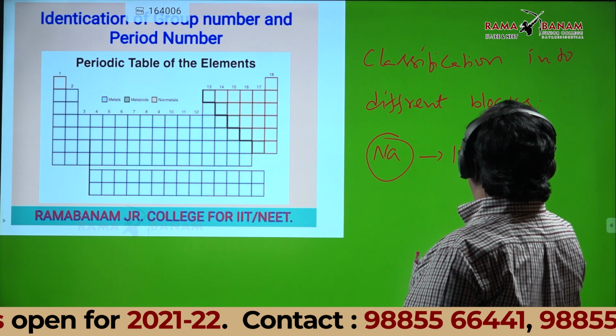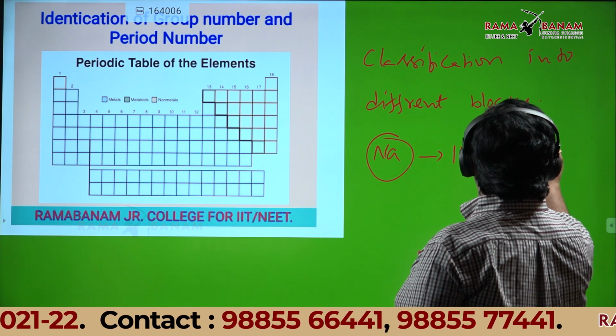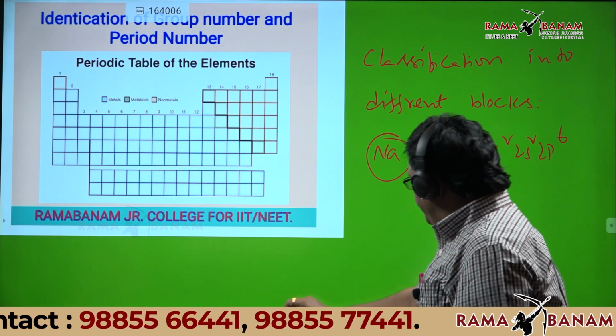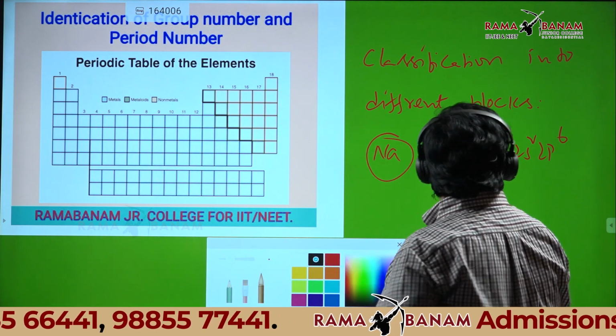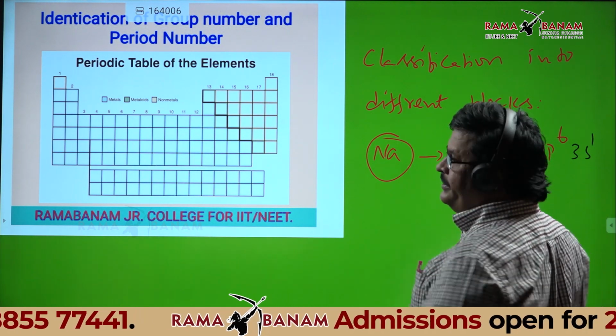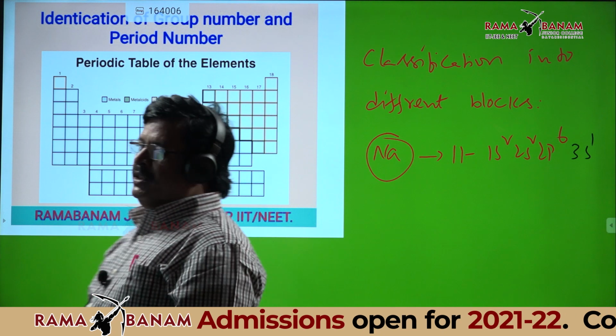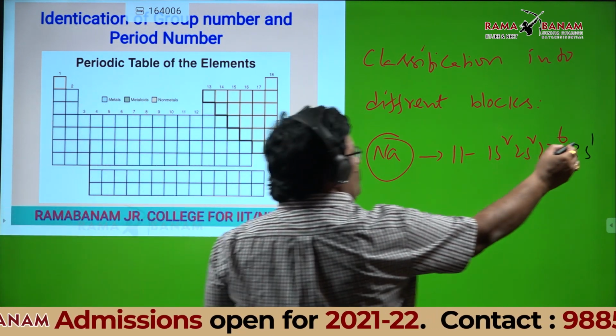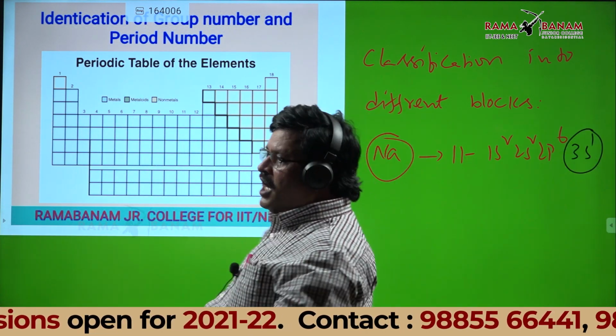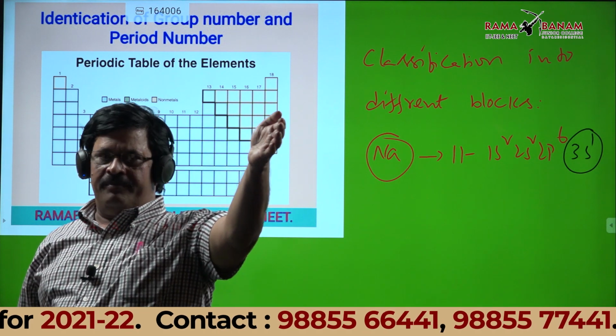So it's 1s2, 2s2, 2p6, 3s1. Is it not? Valence. This is what is called the last entering electron in sodium.